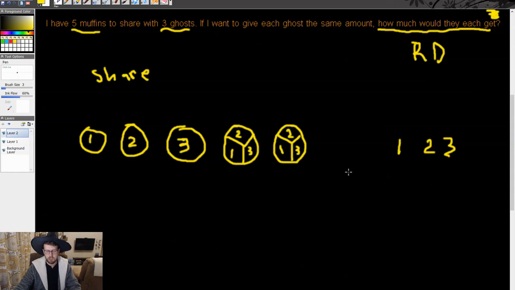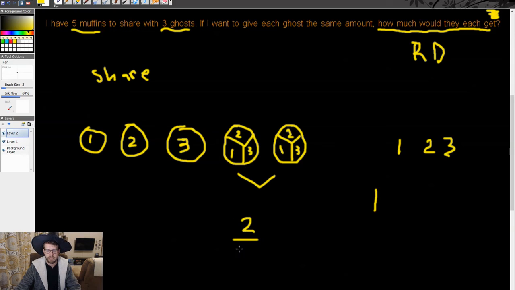So now each ghost is getting 1 whole one, and then 2 parts of 1. When we write about our parts, we need to write, okay, how many did they get? They got 2 of those parts. And then how many are in a whole muffin?